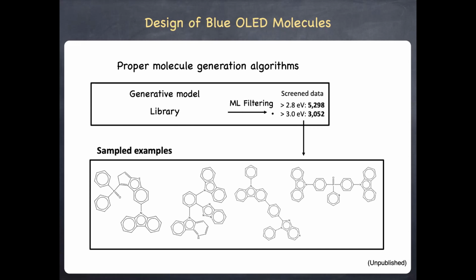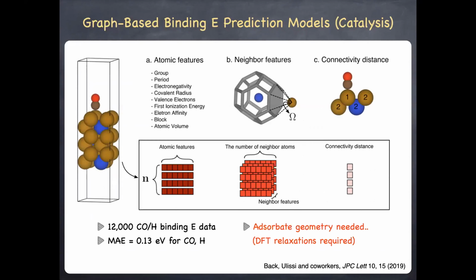And these are some of the examples where we have generated random mutations of the existing molecules and then applied this machine learning model to filter out those that are within the emissions.